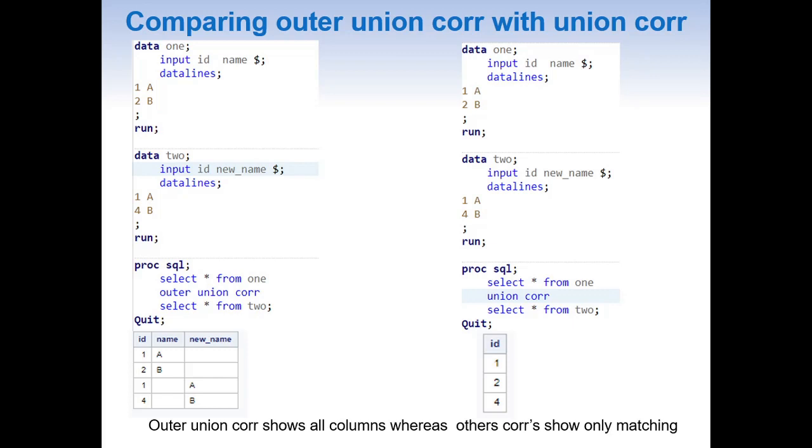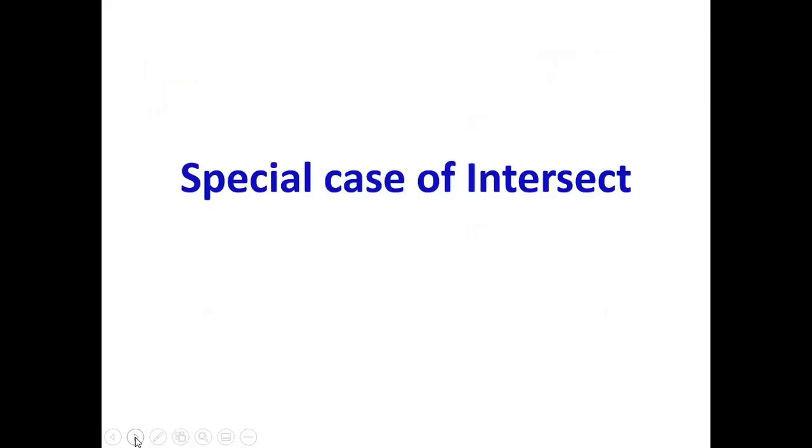We can avoid this by using outer union corr or generally SQL whenever we have different lengths in different data sets. I have made a video on the same topic and I will give the link in the description below. And now let's look into another topic, that is the special case of intersect.